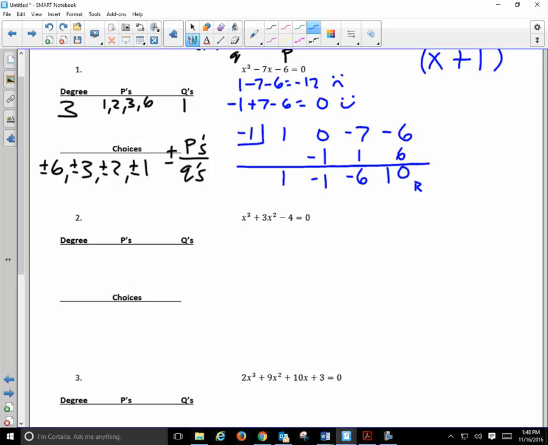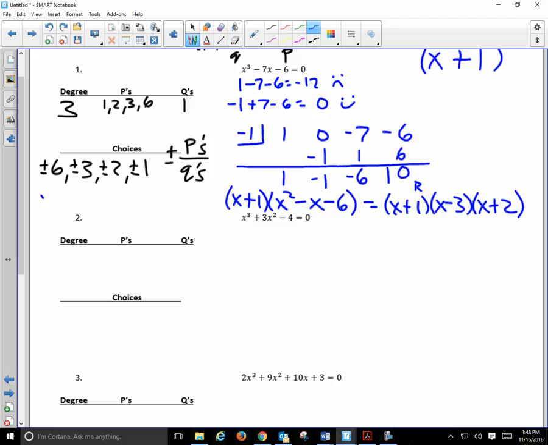This thing right here, x to the third minus 7x minus 6, it actually does factor. It factors to x plus 1 times x squared minus x minus 6. Does the x squared minus x minus 6 factor? Yeah, it factors to x plus 1 times x minus 3 times x plus 2. So it turns out it does factor after all.